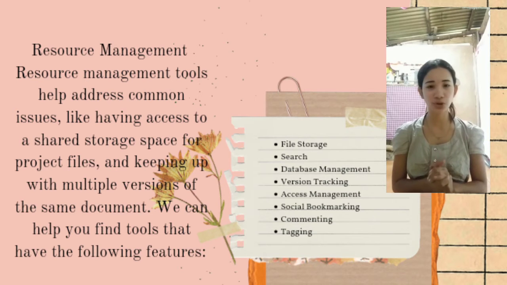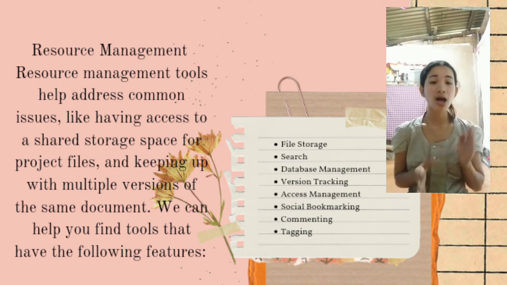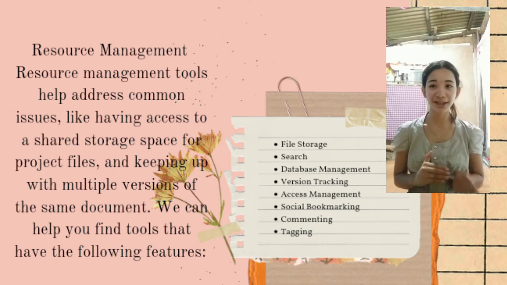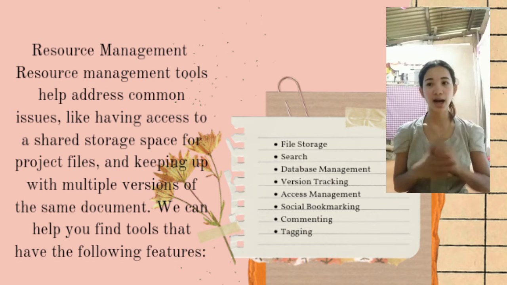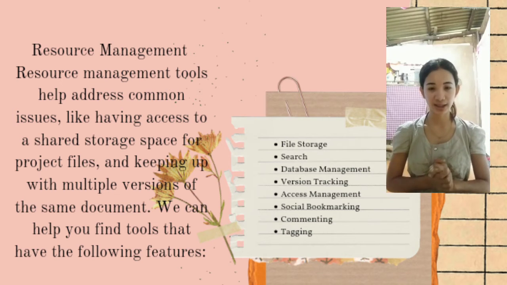Social bookmarking is the process of tagging a website page with a browser or web-based tool so that you can easily visit it again later. Social bookmarking sites began as simple resources for social media and content marketers. Next, we have commenting, and lastly, we have tagging.